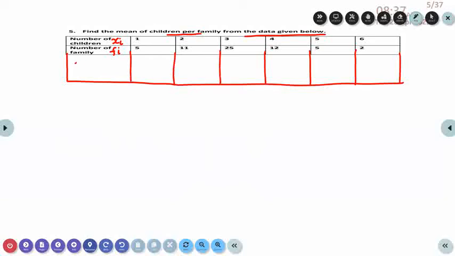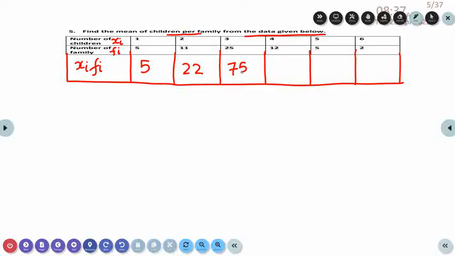So xi fi will be 1 into 5, which is 5, 2 into 11, 22, 3 into 25, 75, 4 into 12 will be 48, 5 into 5 will be 25, and 6 into 2 will be 12.